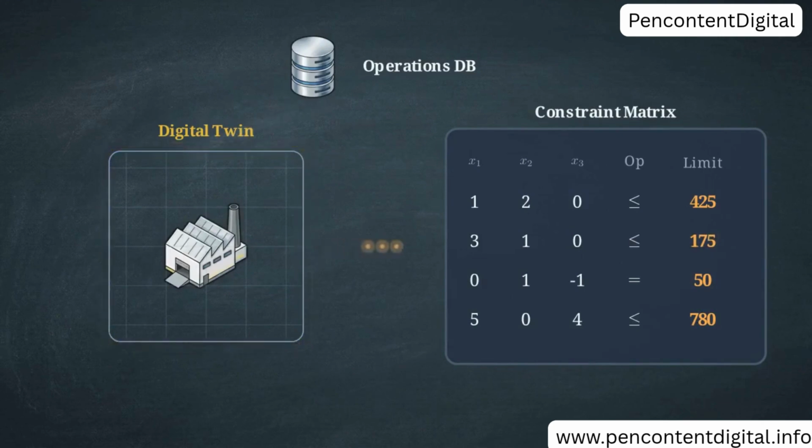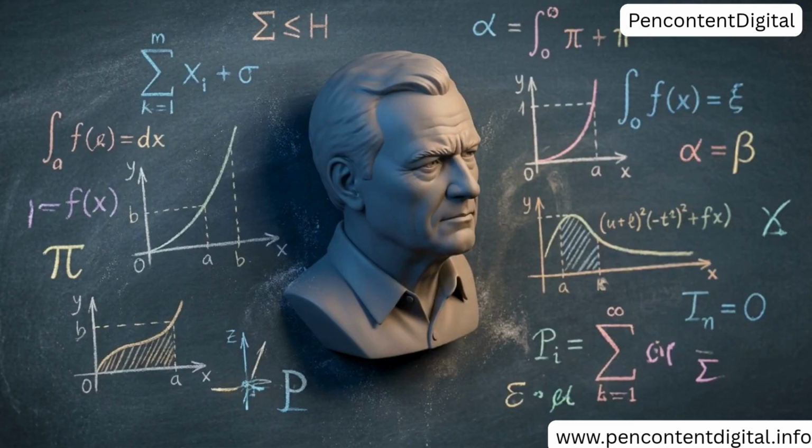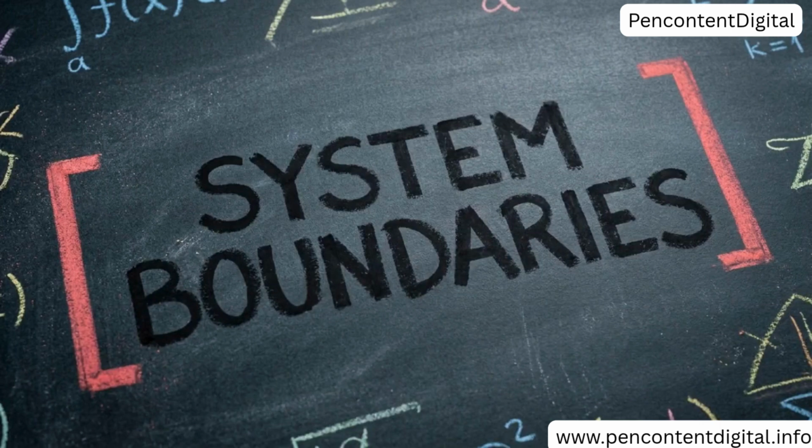This is a real-time digital simulation of the physical operation that feeds live parameter updates directly into the mathematical constraint matrix. While continuous data feeds and machine learning increase computational accuracy, they do not replace the human understanding required to manage the system. Algorithms lack real-world intuition.